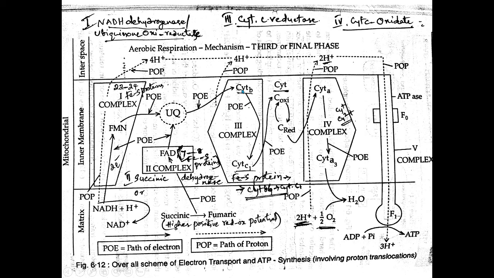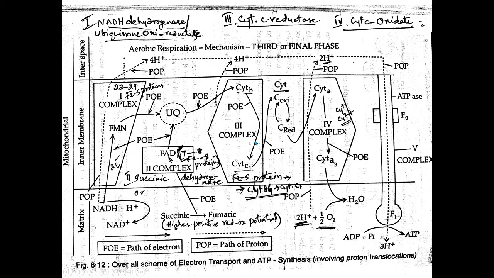After reaching cytochrome B, the electrons ultimately move to cytochrome C1. So from ubiquinone to cytochrome B, and from cytochrome B to cytochrome C1.